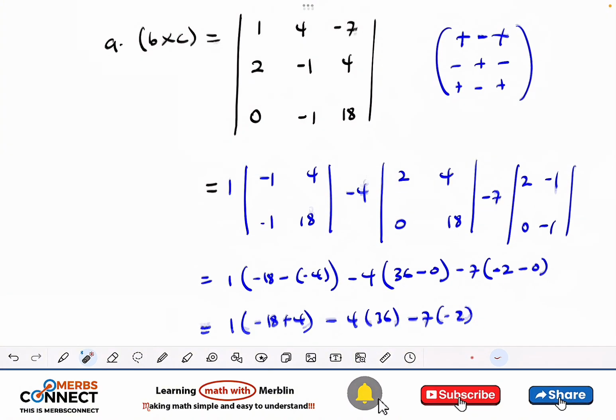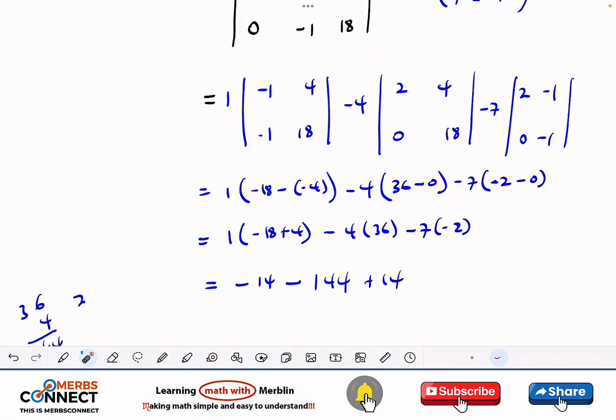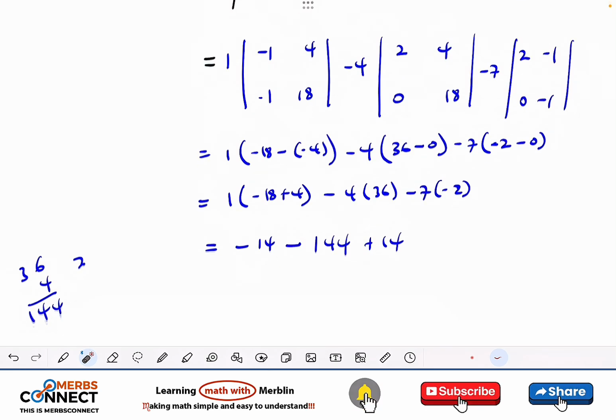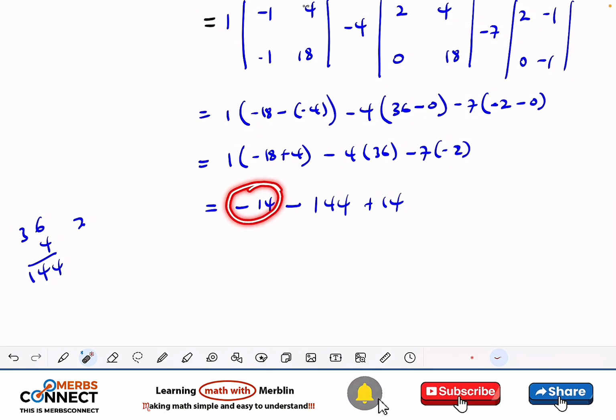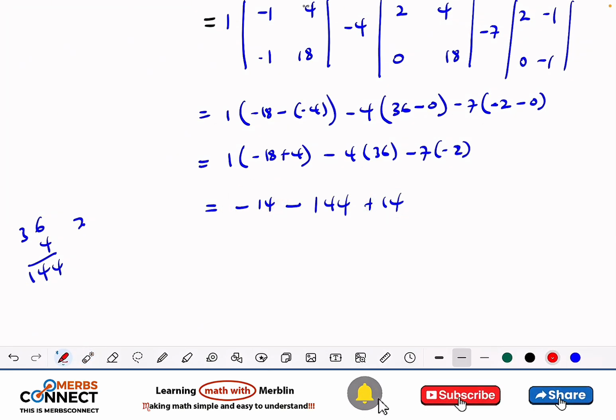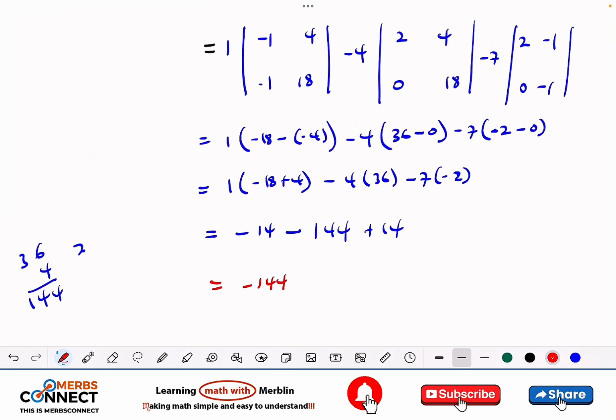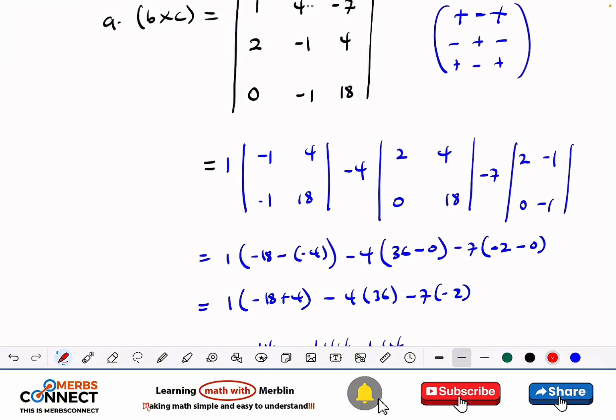This times this, and this one will be 0. 18 times 2 is 36 indeed. Then this times that is going to be this, and this will be 0. So we are going to have minus 4, 144.